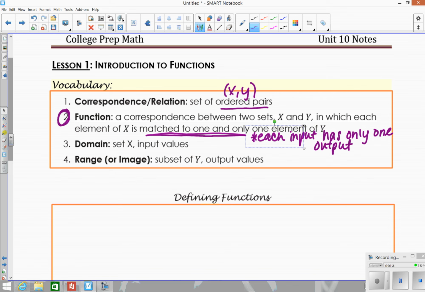So in some relationship, my x value can only go to one specific y value. It can only have one corresponding y value for that one x value.